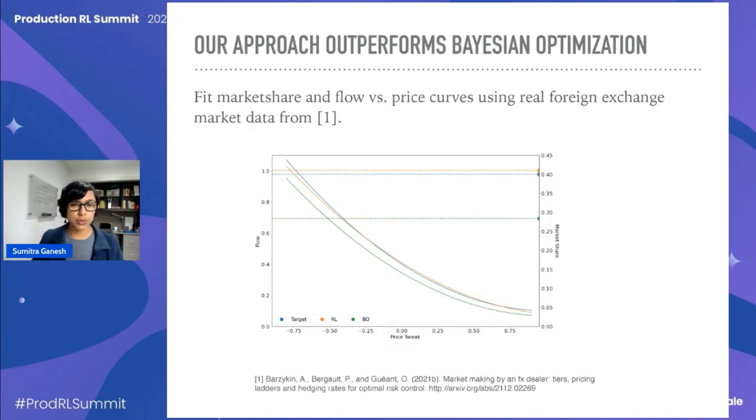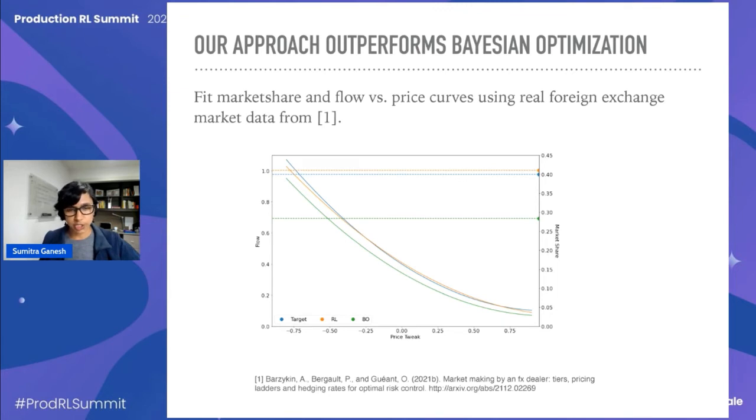We've been able to use this method very successfully to calibrate market simulators using real foreign exchange market data. What you see here in this plot is the relationship between the flow that a market maker receives in this market versus the pricing on the x-axis.